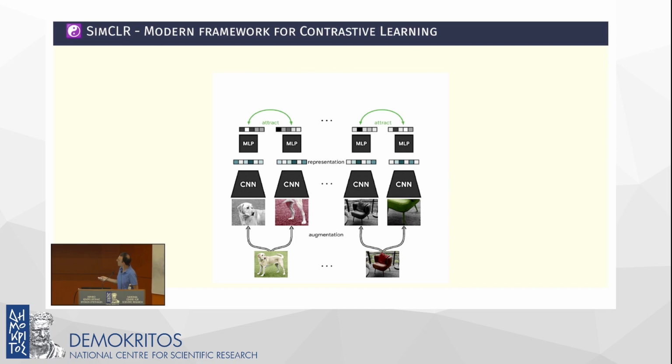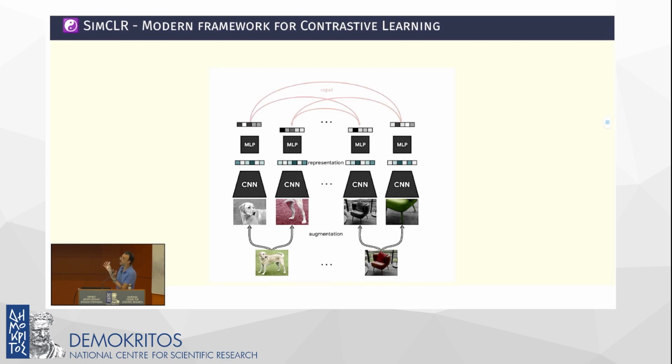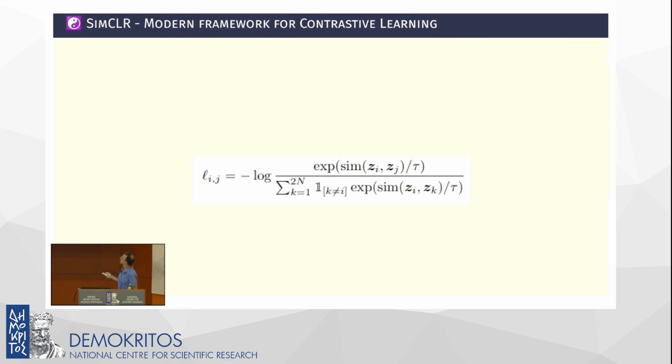In practice, you have your mini batch, you take each image in your mini batch, you apply two random augmentations, you pass them through the encoder and the projection head, which is typically an MLP, and then you have a contrastive loss that enforces augmentations of the same image to be attracted, and different images to be far away from each other. The contrastive loss is similar to this one here. In the numerator, you have the similarity between augmented views of the same image. In the denominator, you have the similarity between all other images.